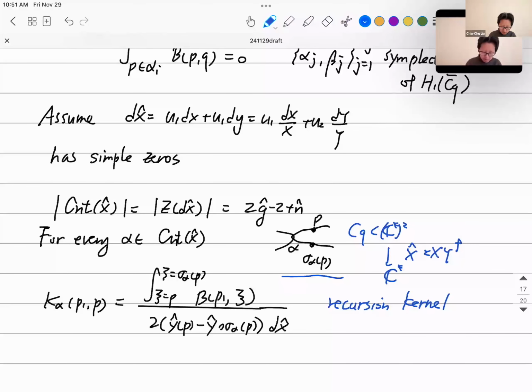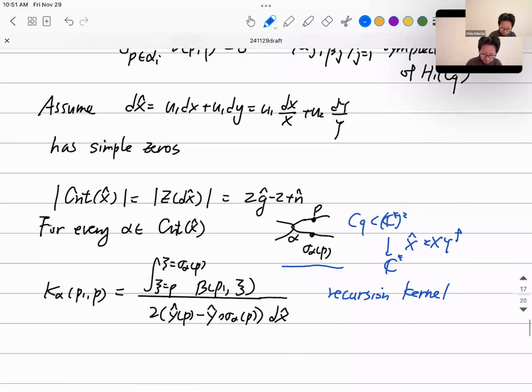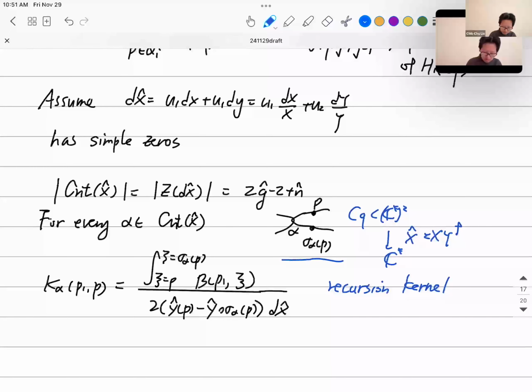So we take P1, and for the second argument, we integrate from P. It's a symmetric 2 form, but we integrate the second factor from P to sigma alpha P. So this becomes locally a 1 form, and we divide it. So this is the local recursion kernel.